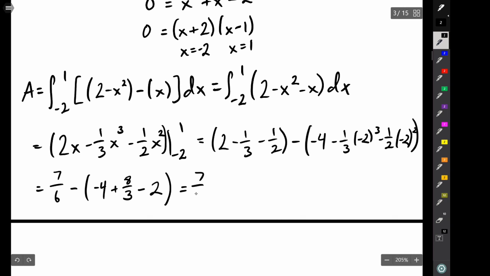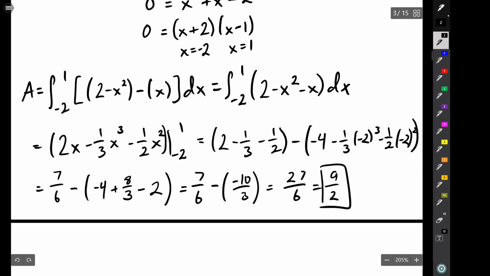We got 7 over 6 minus, this is negative 6 plus 8/3, so minus 10/3. So this is going to be 27 over 6, or 9 over 3, or 9 over 2, sorry. All right, that looked good. Hope I got that right. 9 over 2. Awesome.